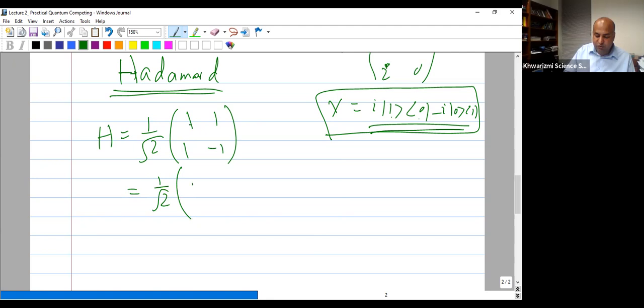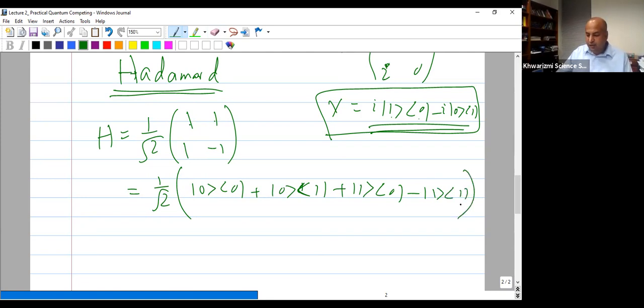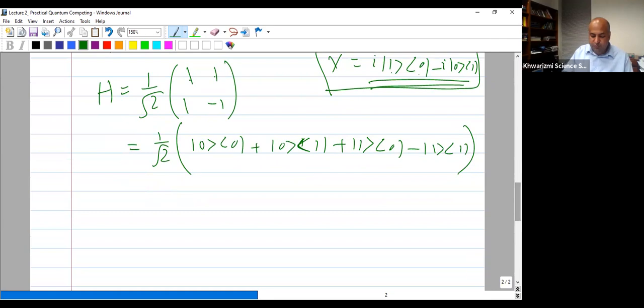This is 1, so I will have |0⟩⟨0|. This is 1, so I will also have |0⟩⟨1|. This is 1, so I will also have |1⟩⟨0|. This is minus 1, so |1⟩⟨1| will come with minus 1.